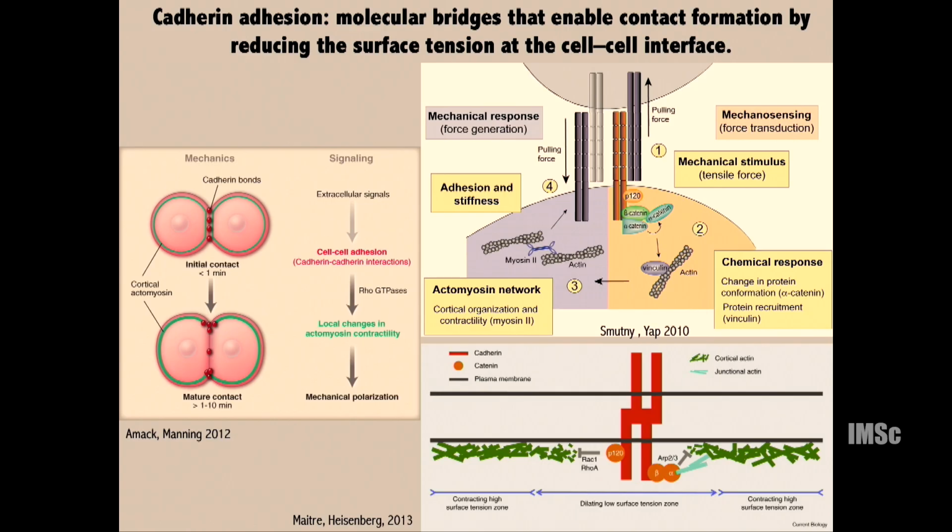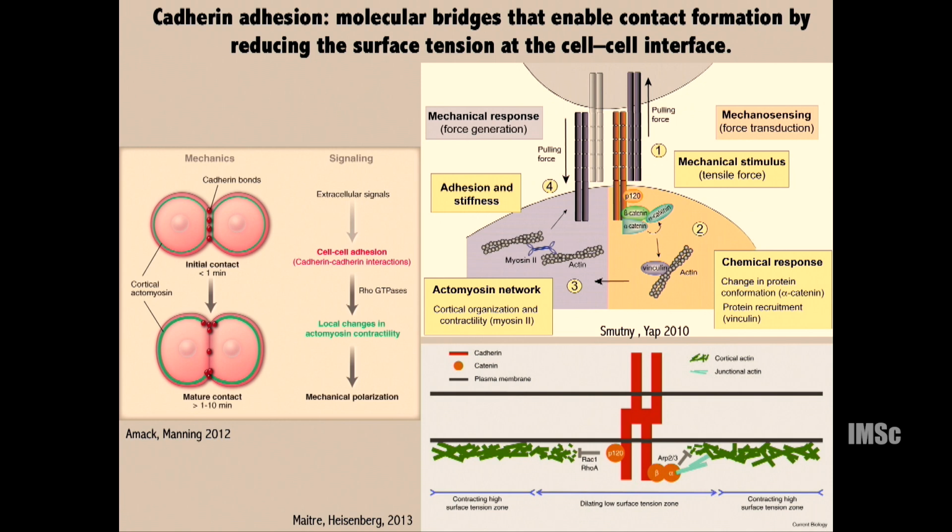And another integral component of the plasma membrane are molecules that we call adhesion molecules that act as bridges between adjacent cells. So the brown molecules here form molecular bridges with similar molecules on the other cell, and through their links to the cytoskeleton, they can exert forces.